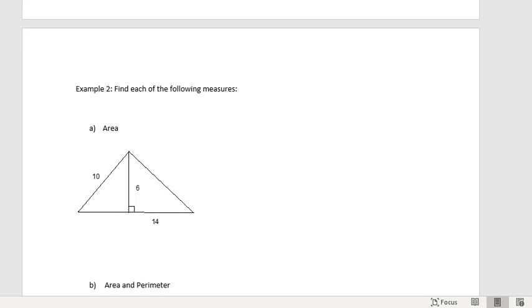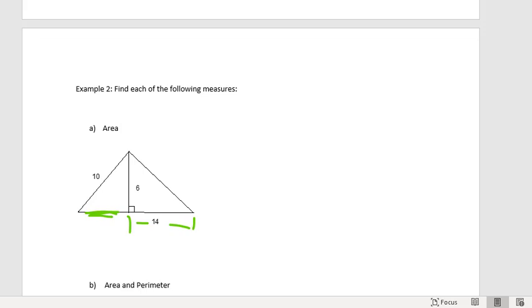So the first one, we're looking for the area. We know that 14 is only this section. So we have to find out what this is to get our base. Since this is 6 and our hypotenuse is 10, that does form a Pythagorean triple of 6, 8, 10, if you know that.